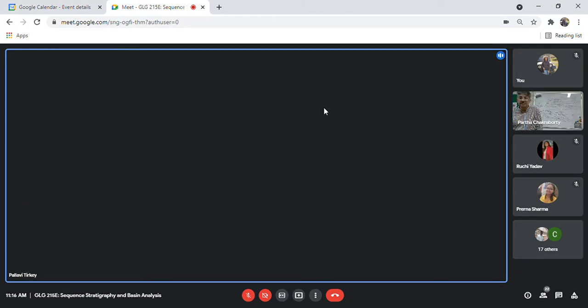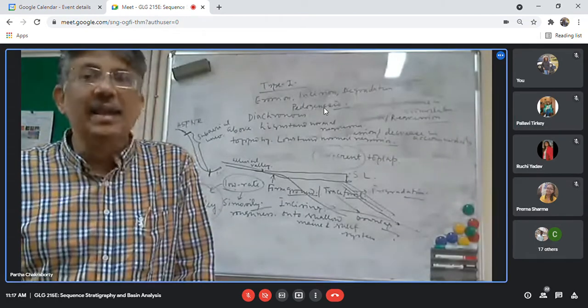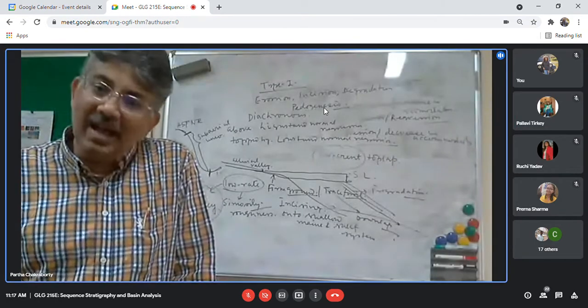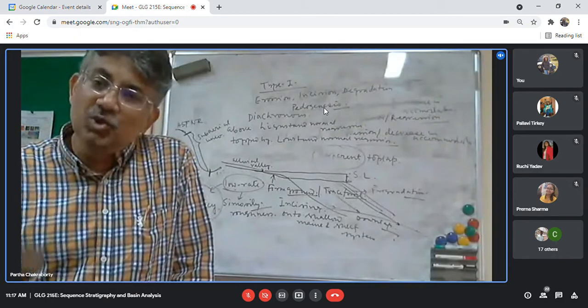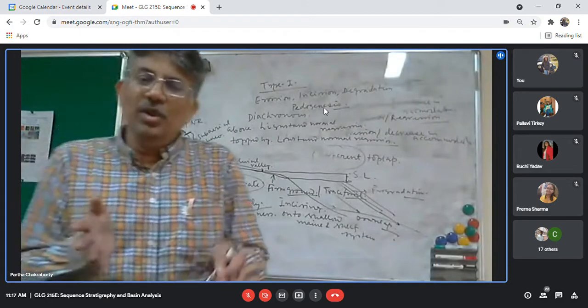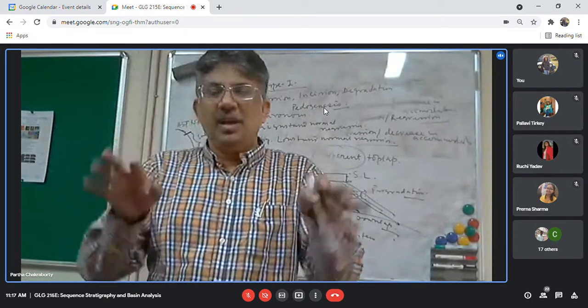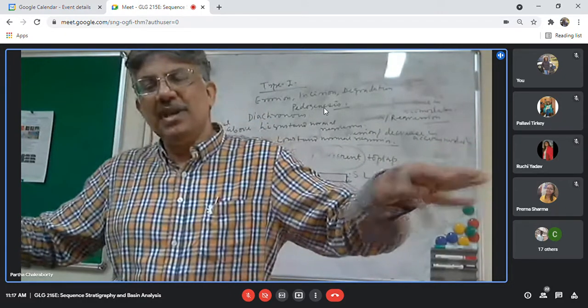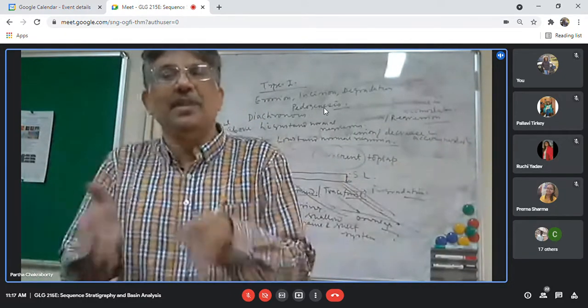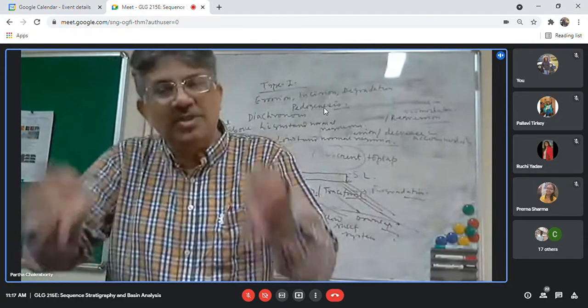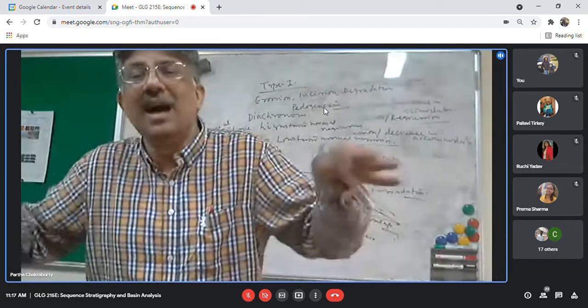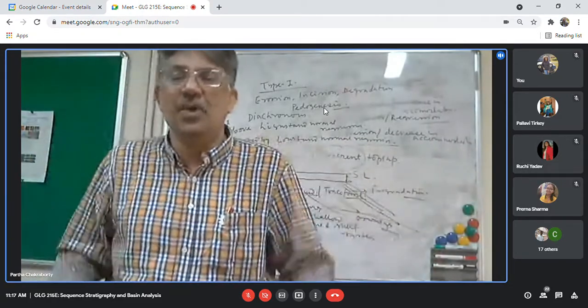So the exposed shelf will show these. On the exposed shelf you may get two things, because the river will follow its own course. The entire shelf is exposed, but not every part of the shelf can the river go. The river follows its own course and will incise, but what will happen to the other portion of the shelf which is getting exposed?